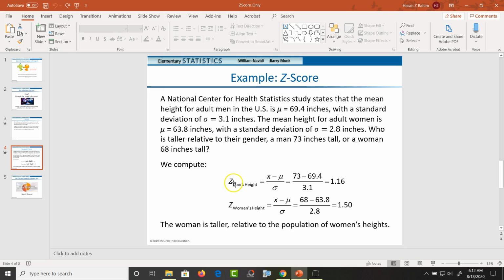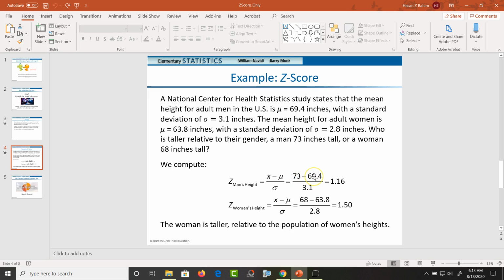So the z-score formula is very straightforward. It is simply the difference between the raw score and the mean for that particular group divided by the standard deviation. So notice that the man is 73 inches tall. The mean height for his group is 69.4.